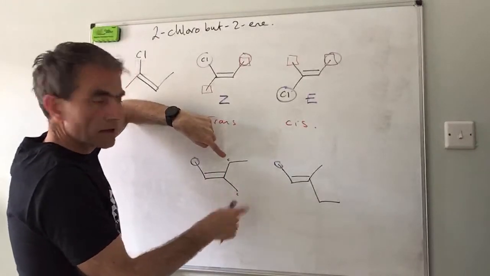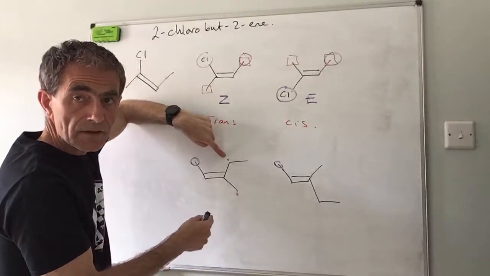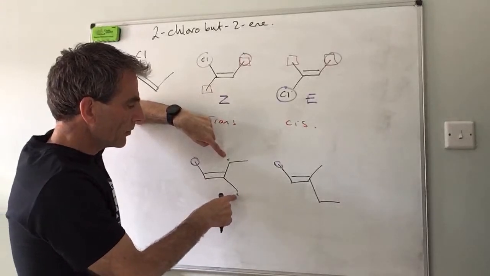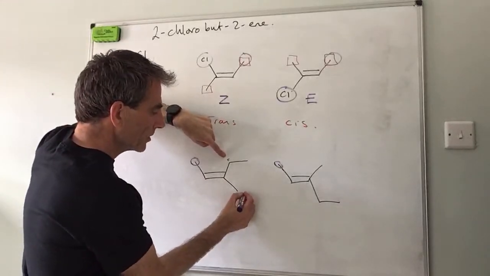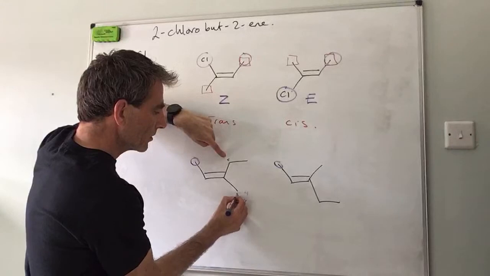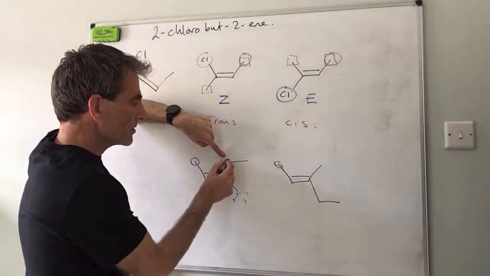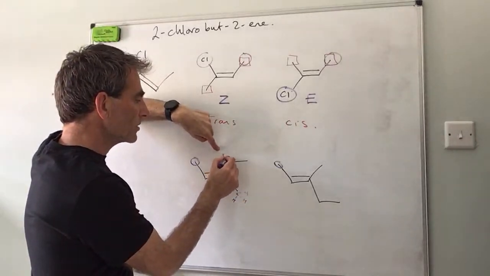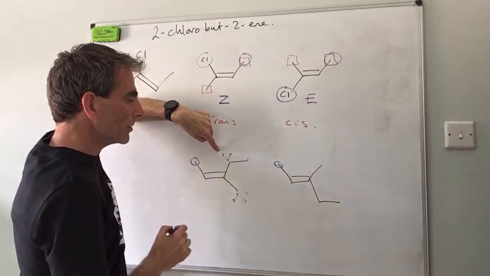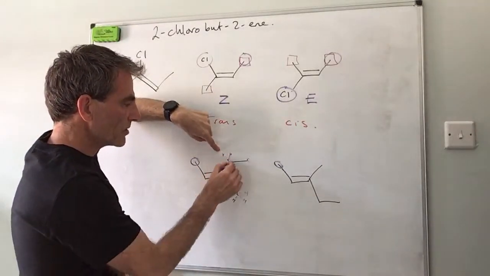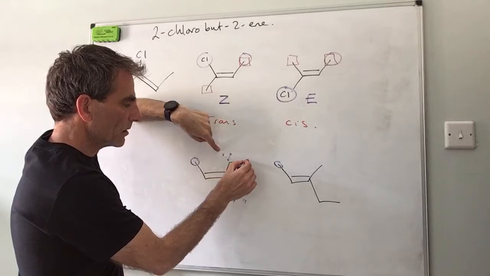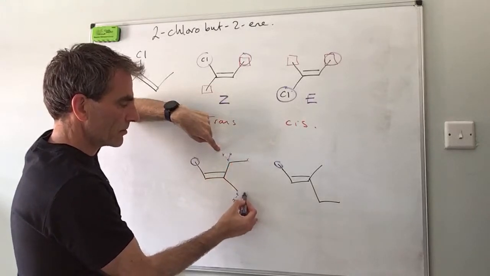So it's called finding the first point of difference, all right? So that carbon's got 3 hydrogens on it. 1, 2, 3, okay? Whereas that carbon's got 2 hydrogens and then another carbon, okay? So because of that carbon there, that beats the hydrogen.